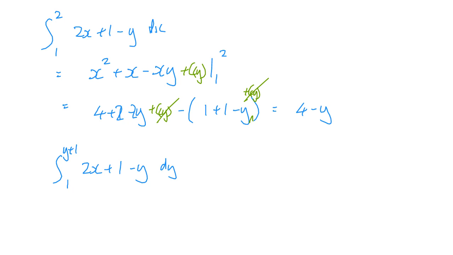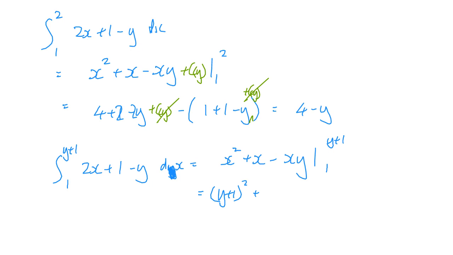So in this particular case, I would have x squared plus x minus xy. And so I'd finish with y plus 1 squared. Oh, sorry, I meant to write with respect to x. I'm sorry. What I wrote made no sense.